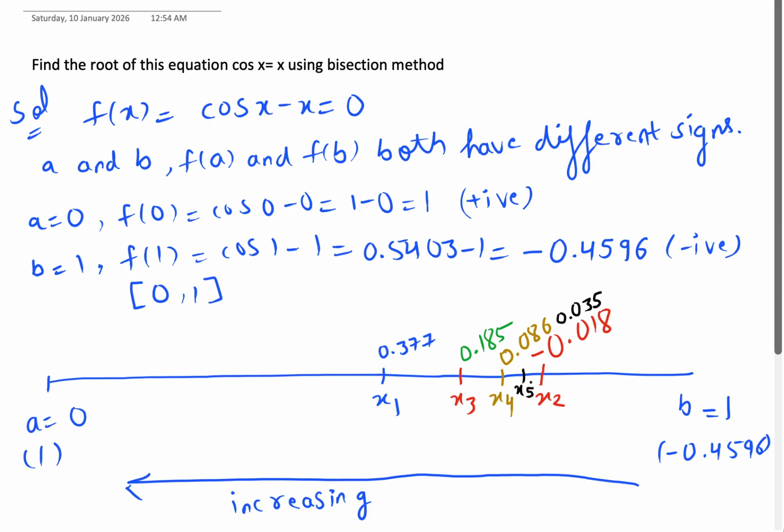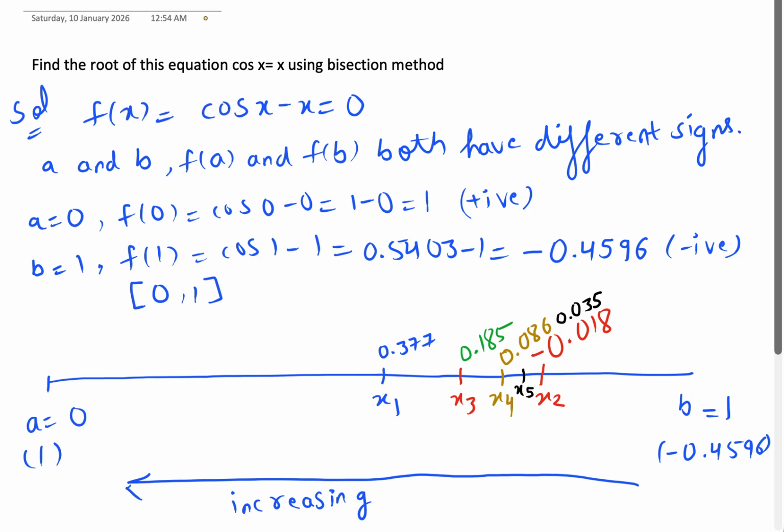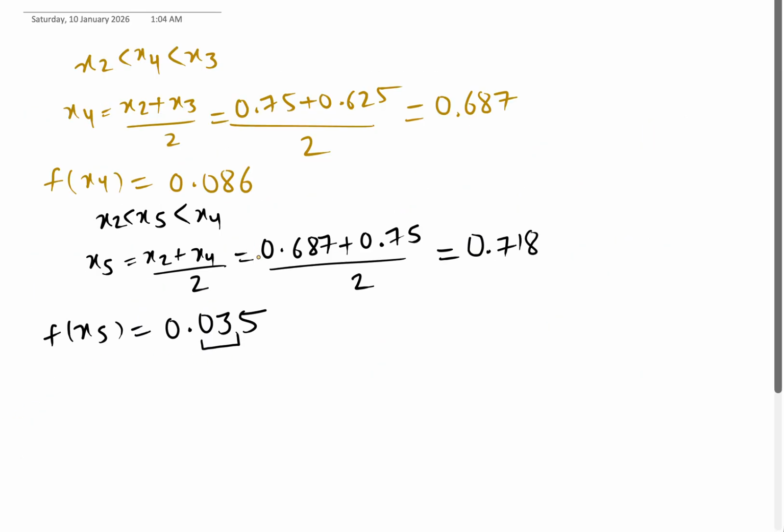The 0 will be between x2 and x5. So we need to calculate the sixth approximation root here. So the sixth approximation root will be here, x6. We need to calculate x6.